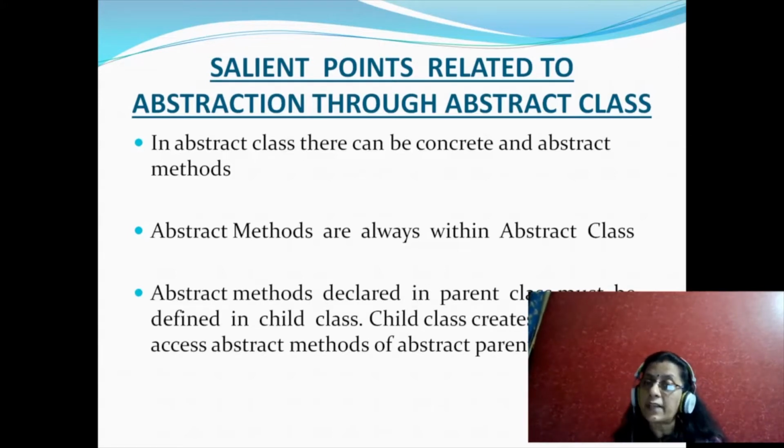Abstract methods declared in the parent class must be defined in the child class. The child class creates the object to access the abstract methods of the abstract parent class. This is similar to interface also, which we will discuss later.